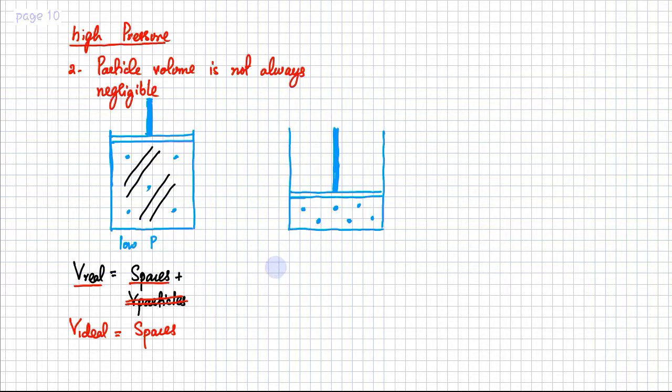Your actual volume would be the volume of the empty spaces plus the volume of the particles. Now the volume of the particles becomes more important because as you keep on compressing the gas, eventually there's going to come a time when there wouldn't be any spaces anymore. So at very high pressure, let's say I make another container.